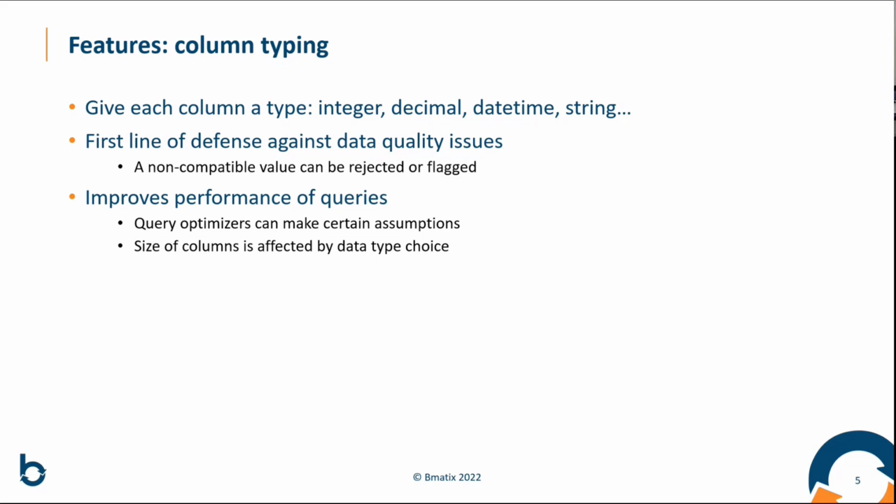So on the one hand, correct column typing enforces data quality. Otherwise, it also impacts size on disk and query performance, because fewer bytes have to be read in memory when executing certain queries.